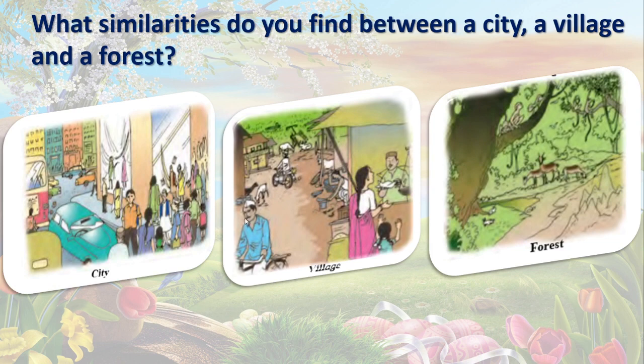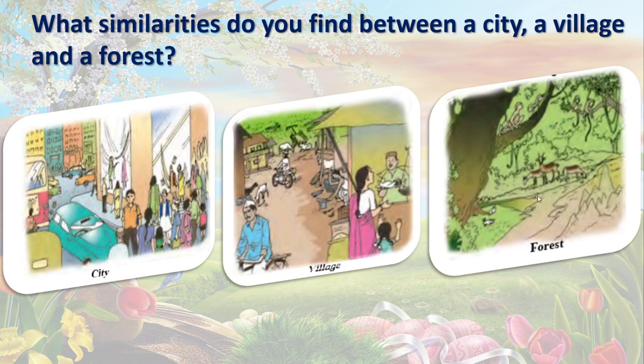Yes, correct. Here we can see the living beings, means humans, human beings. We can see man, woman, right? Here also we can see living beings. We can see animals, people, correct?